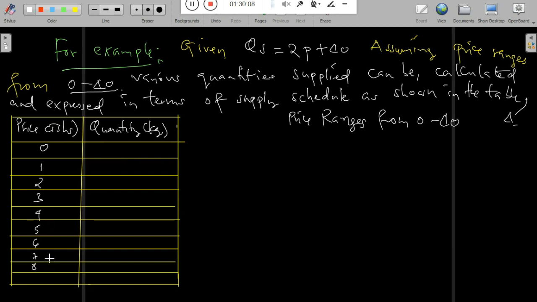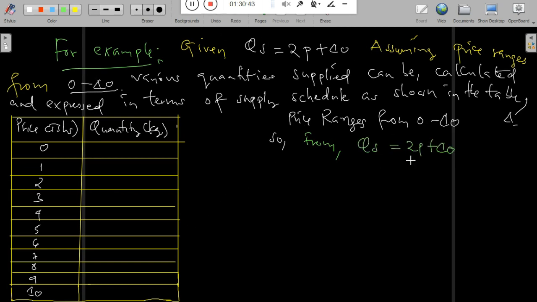Remember, the data set for the price is provided in the question, from 0 to 10. Now we need to solve for the values of quantity in kilograms.